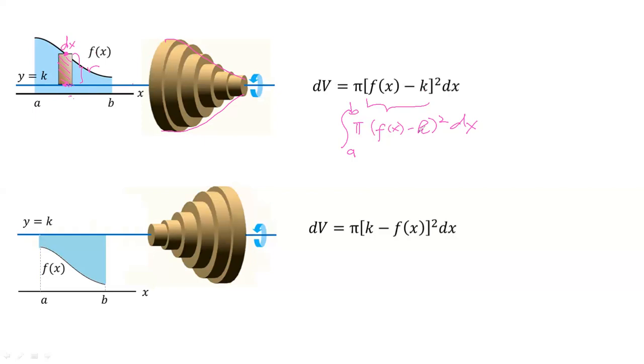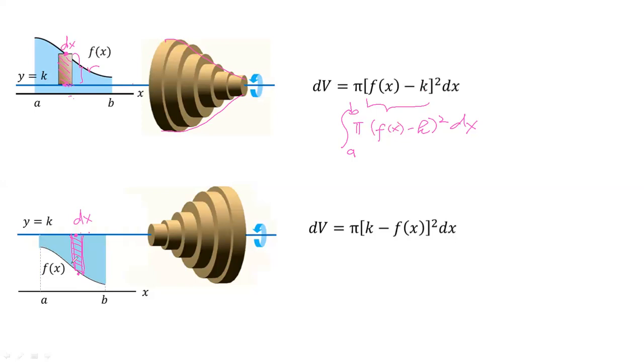Now, what about this? If the chosen differential element is something like this, this would still be a dx. What's the highest point here? That would be the k, right? The lowest point is the function of x. Your differential element, notice, is still attached to this axis and it's perpendicular to it. So that is true for all volume of solids of revolution solved using the washer method.